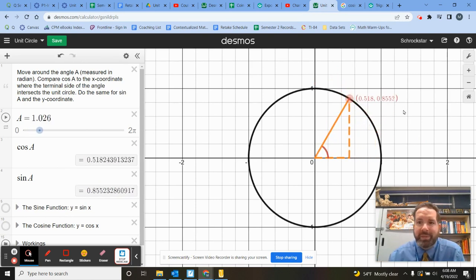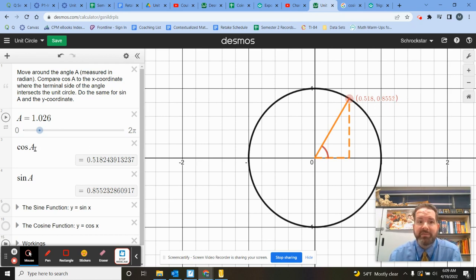All I want you to do is compare, for this angle, which I'm now measuring in radians. Important to know, I've got Desmos set to radian measure here. So this angle, measured in radians, is about 1.026. When I extend the terminal side of that angle to the unit circle, it intersects at this point, 0.518 and 0.8552.